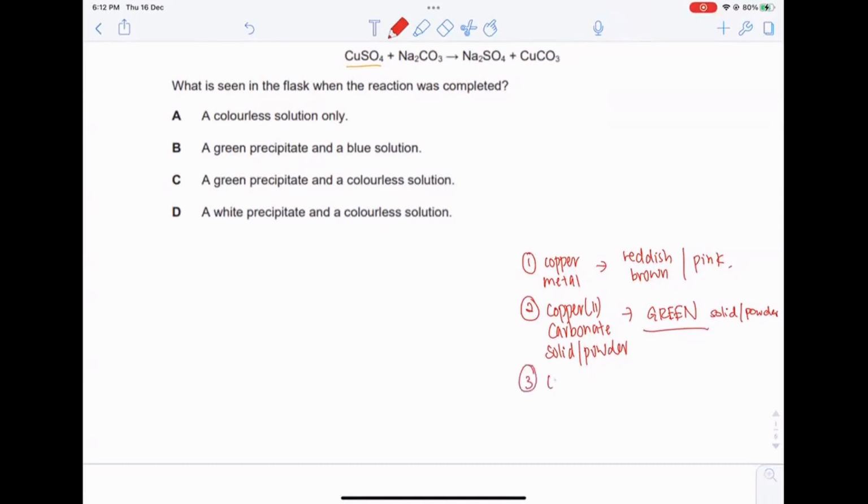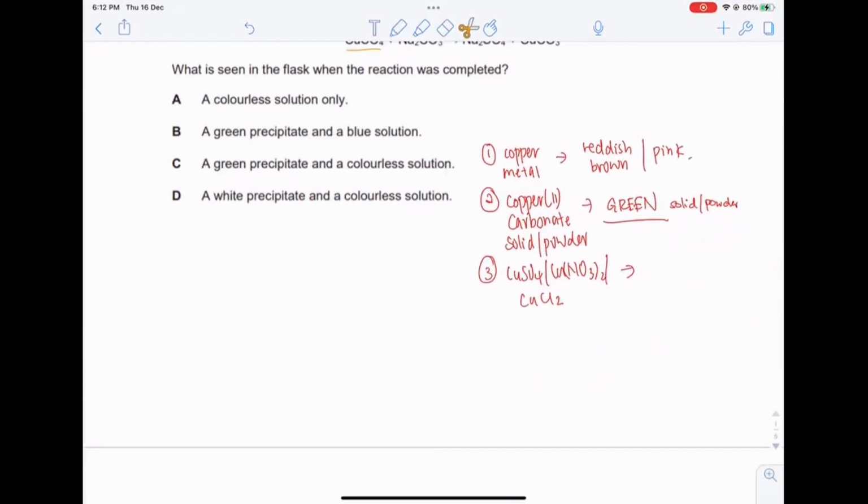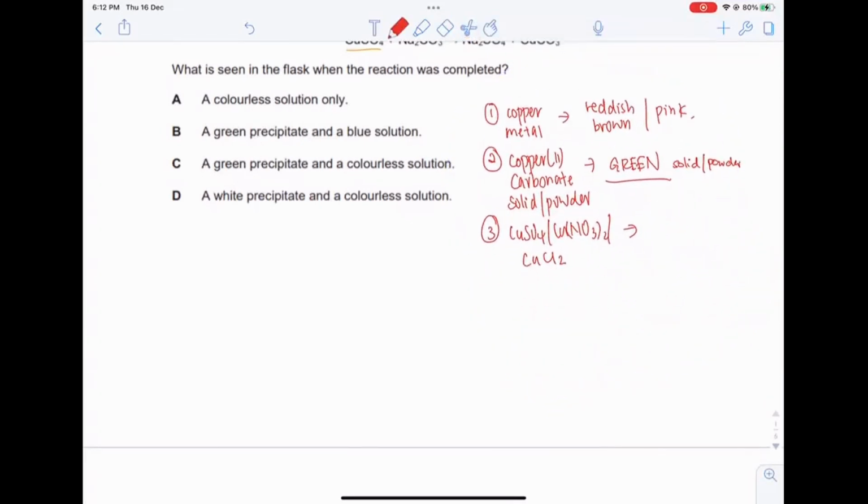Number 3, copper sulfate or copper nitrate or copper chloride. All these, let's ask Ryan. Ryan, what color is this? Ryan, you there?